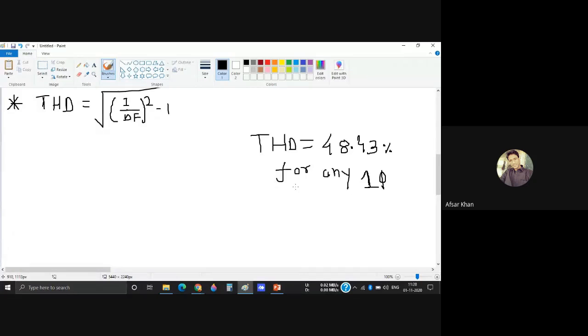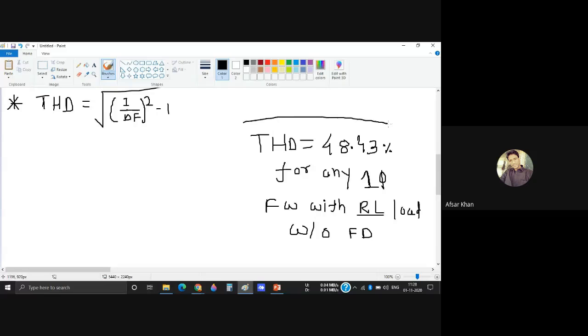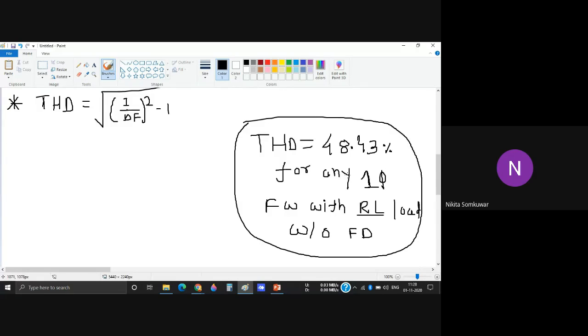For any single phase full wave controlled rectifier with RL load and without freewheeling diode, you have to remember, without freewheeling diode. If there is no freewheeling diode and there is RL load, single phase full wave rectifier, the THD is how much, students? 48.43%. Okay.